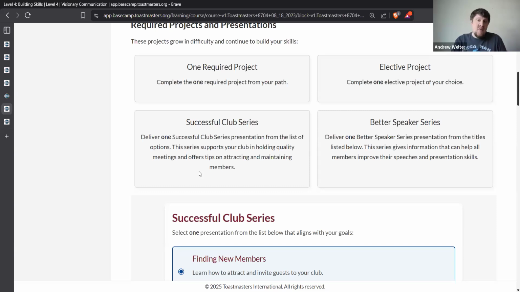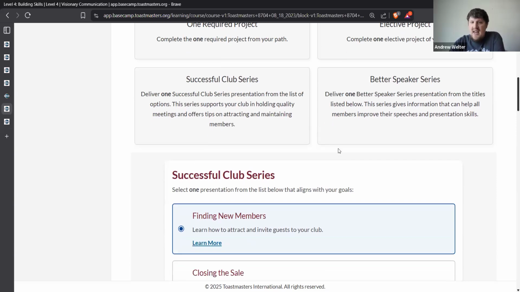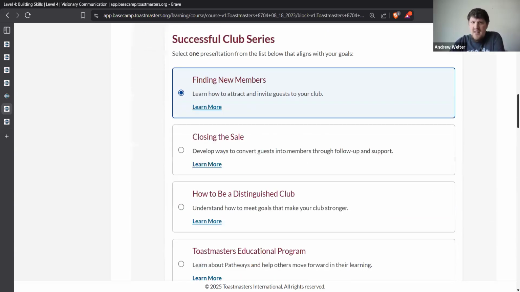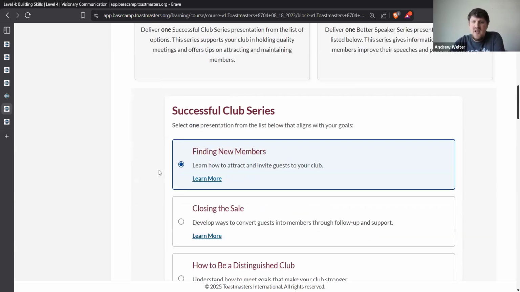So you'll see that the level four ones are a little bit more in depth than the level three ones, and the level fives are more in depth than the level threes and level fours. They did split them up, but they did it purposely to coordinate better with the levels. And then we get our second series, the Better Speaker series makes its return, and you just have to pick any one from that series.